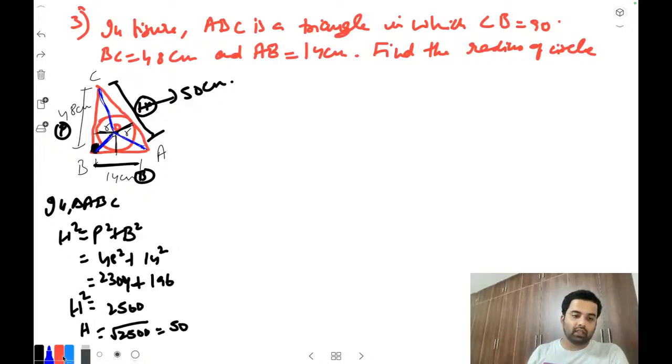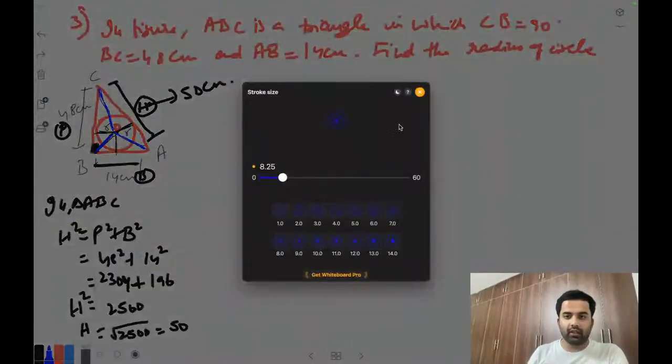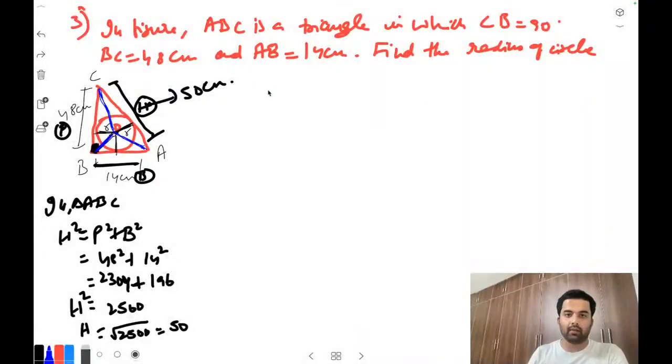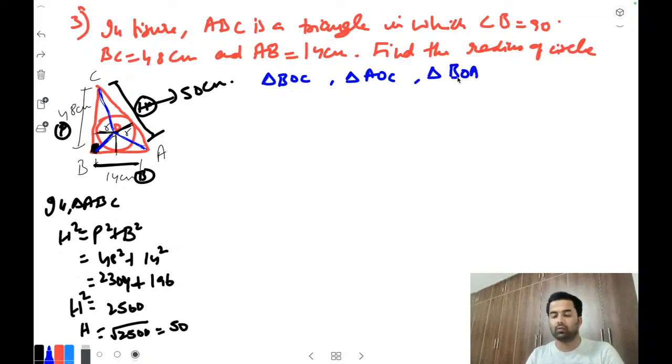Now, as you see here, boys and girls, 3 triangles you are able to see here. Let me write the triangle names. Triangle BOC. Can you see that? BOC. Second is triangle AOC. And the third one is triangle BOA. I hope this is clear now.